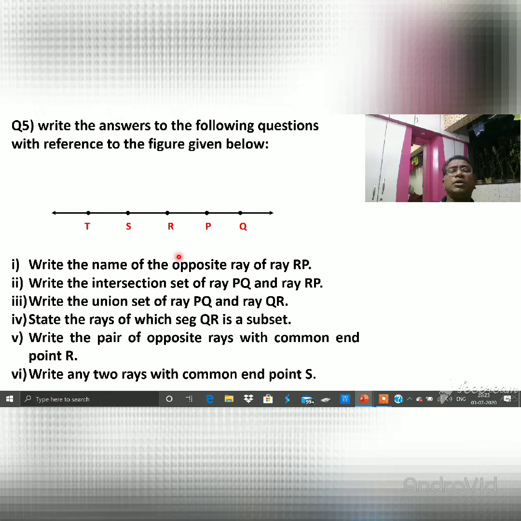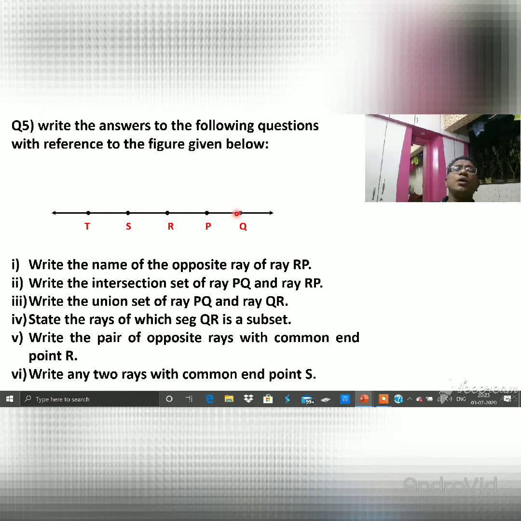See, if you don't understand, I will explain again. Write the union set of ray PQ and ray QR. So first ray PQ means it is started from P and it can be increased at Q as long as possible. So it is the unlimited portion at the Q side. Then there is another ray, QR. So see, Q is the starting point here.